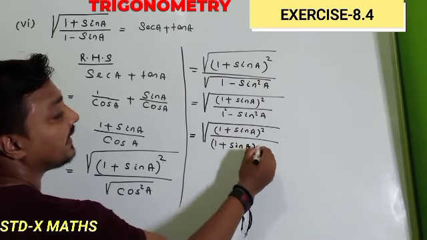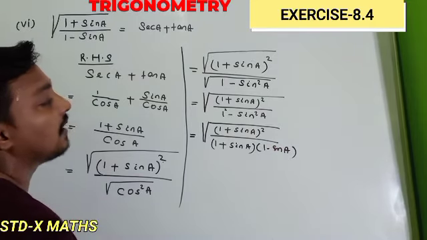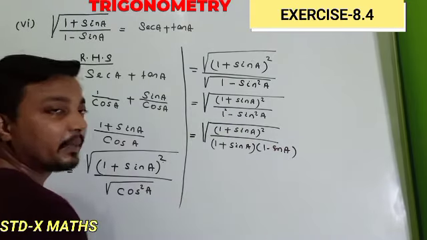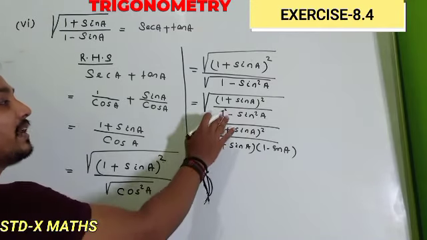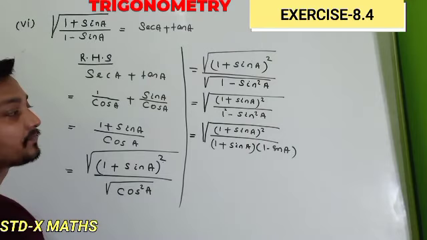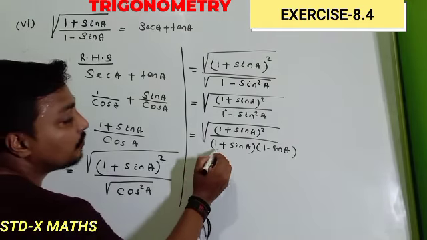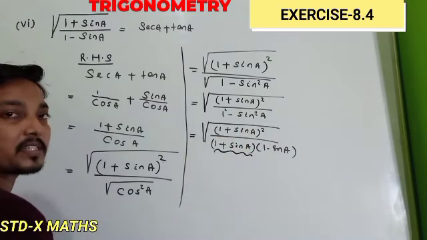Understood? As 1 minus sin square A means 1 square minus sin square A, a square minus b square means a plus b whole into a minus b. Here 1 plus sin A can cancel one of the 1 plus sin A in the upper side.